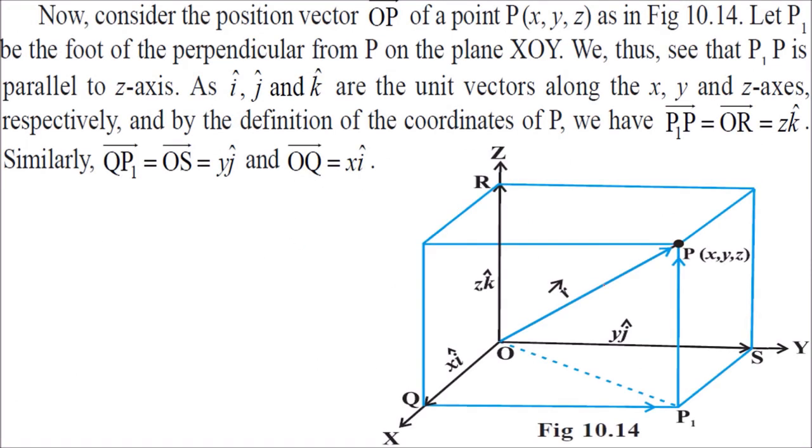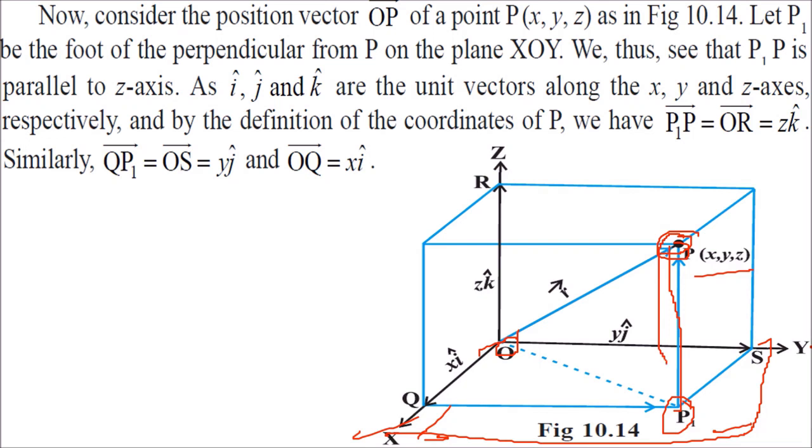And just now consider this. This is point O, this is point P, take any point P with coordinates x, y, z. If you drop a perpendicular, this P1 is the foot of the perpendicular from P on the XOY plane, that is this whole plane. Now we see that P1P is parallel to what?